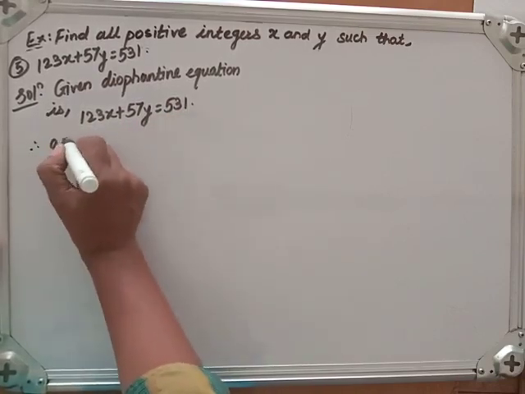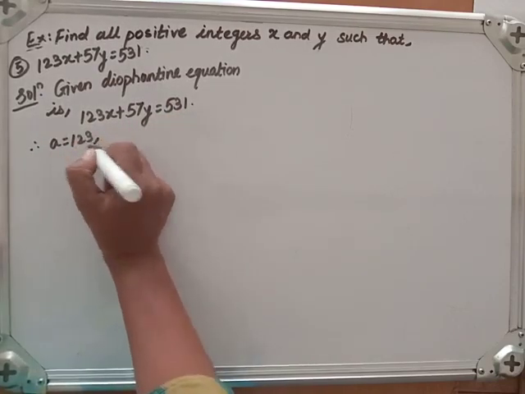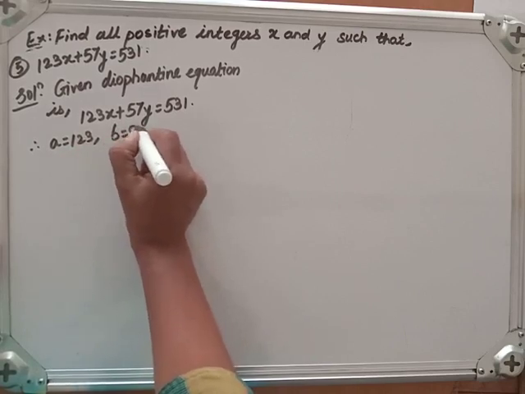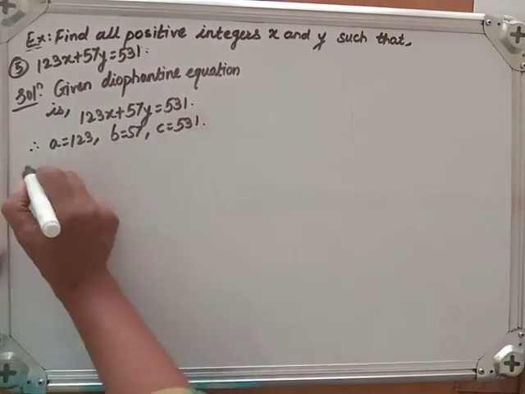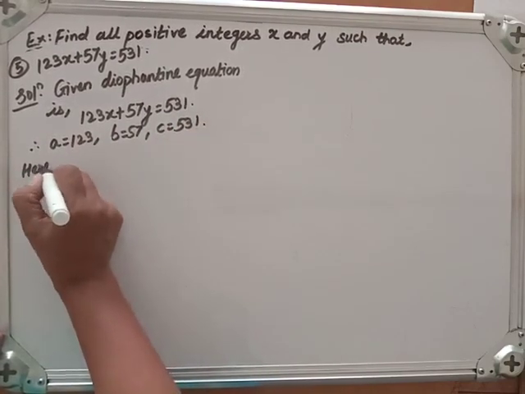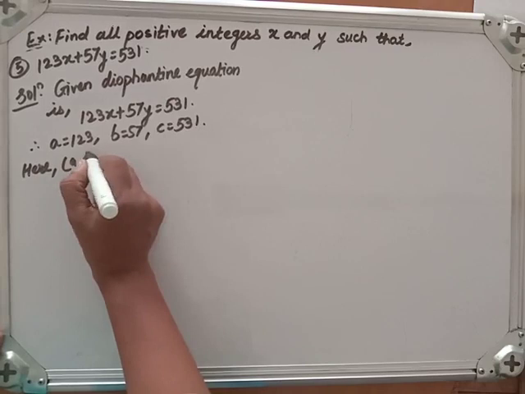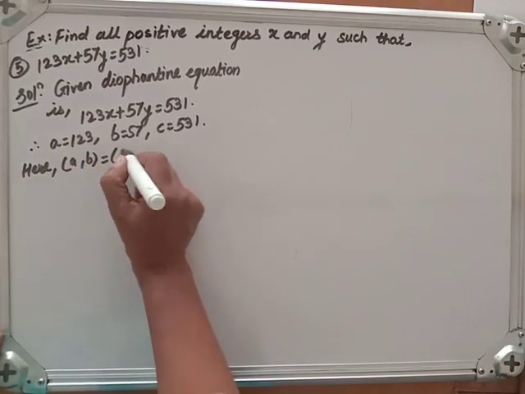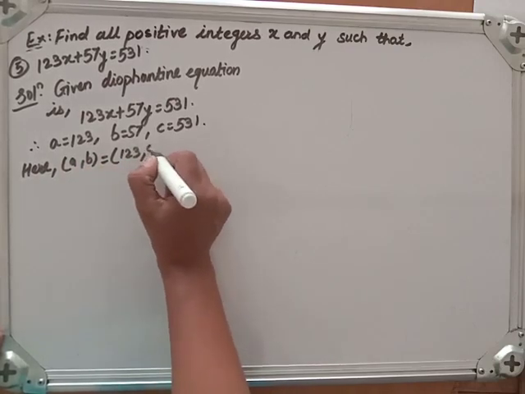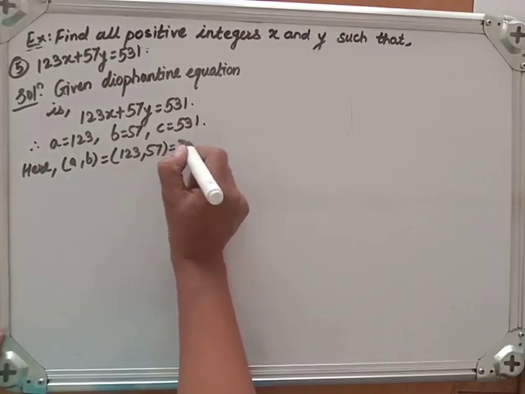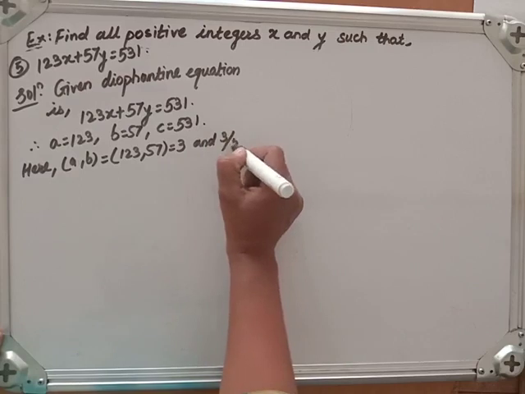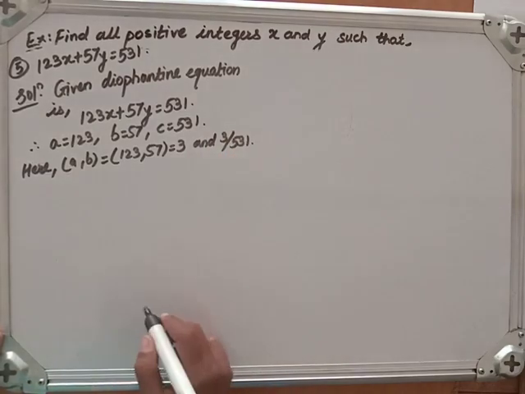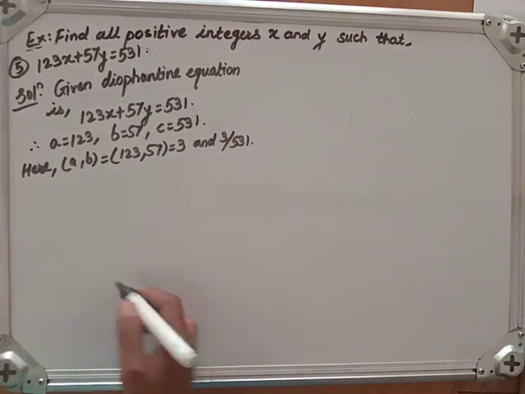Therefore A is equal to 123, B is equal to 57 and C is equal to 531. Here the GCD of A and B, that is GCD of 123 and 57, is 3, and 3 divides 531.